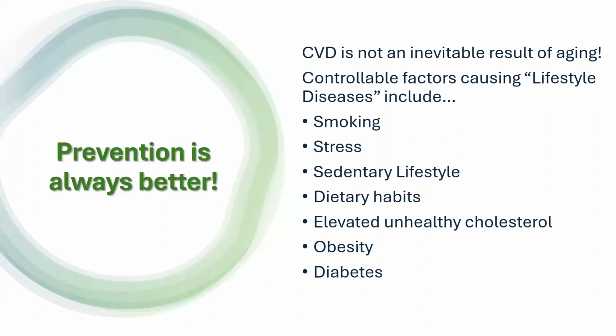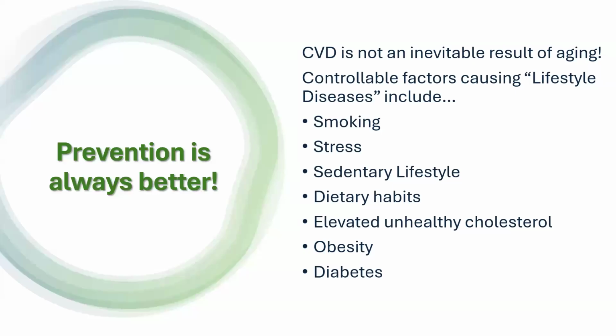And we all can safely say that prevention is always better. So let us get into that prevention mode because cardiovascular disease is not an inevitable result of aging. You know, you can look after your veins and arteries and the whole body well. Controllable factors causing lifestyle diseases include smoking, so avoid them.